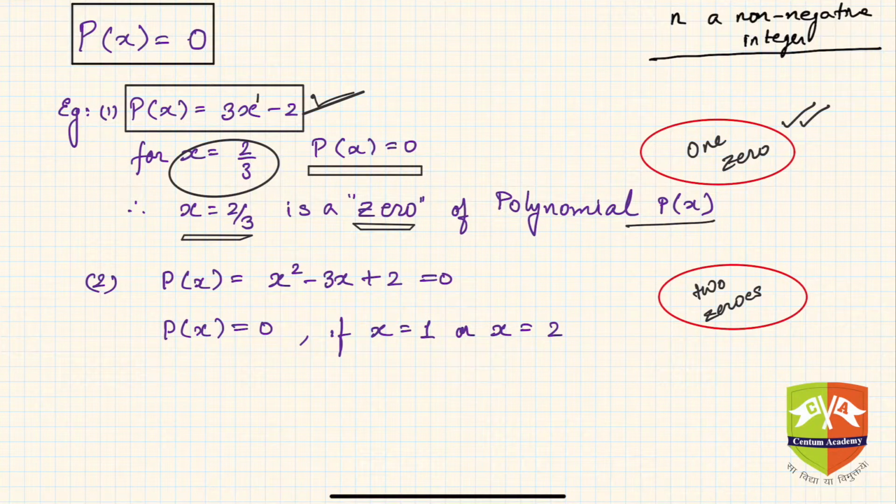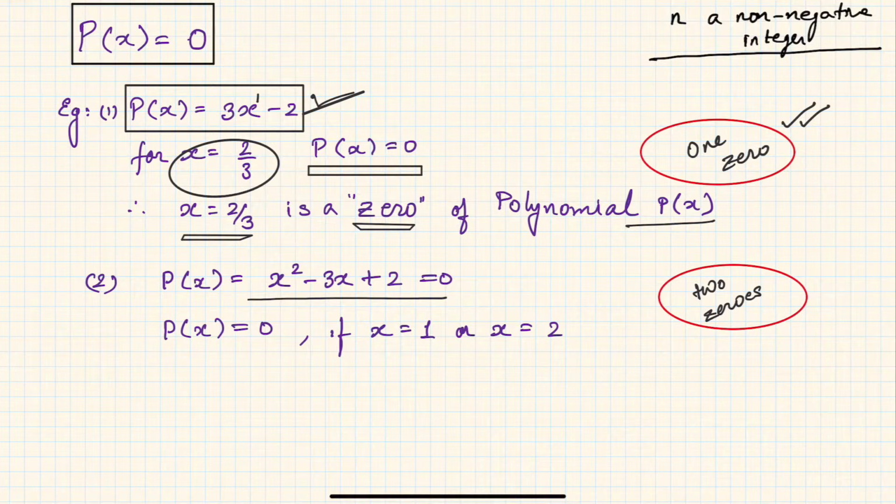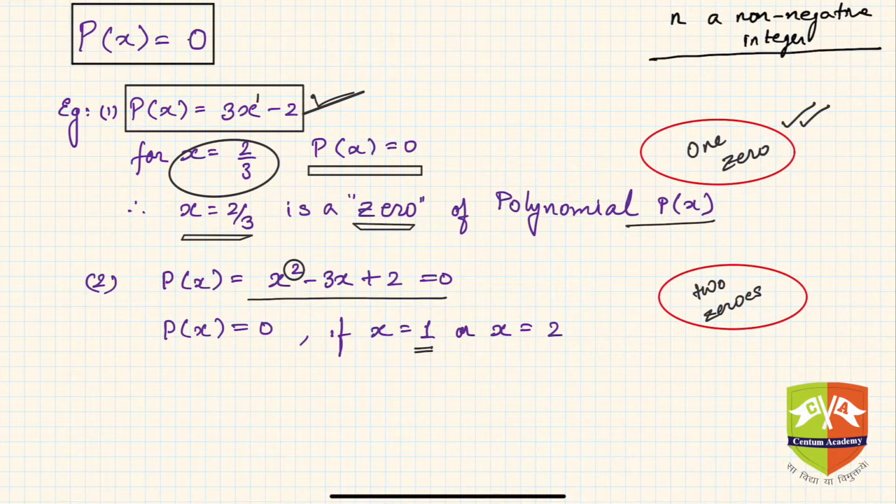In this example, we have taken a quadratic polynomial. Why is it quadratic? Because the power here is 2, so the degree is 2, hence this is a quadratic polynomial in x. Now, what values of x are going to reduce p(x) to 0? If I put x equals 1, then p(1) is equal to 1 square minus 3 times 1 plus 2, which comes out to be 0.